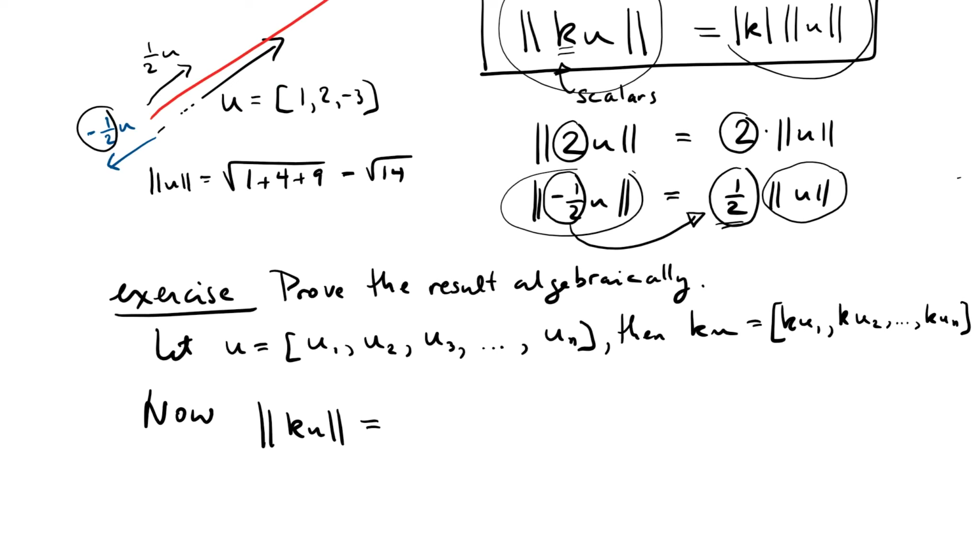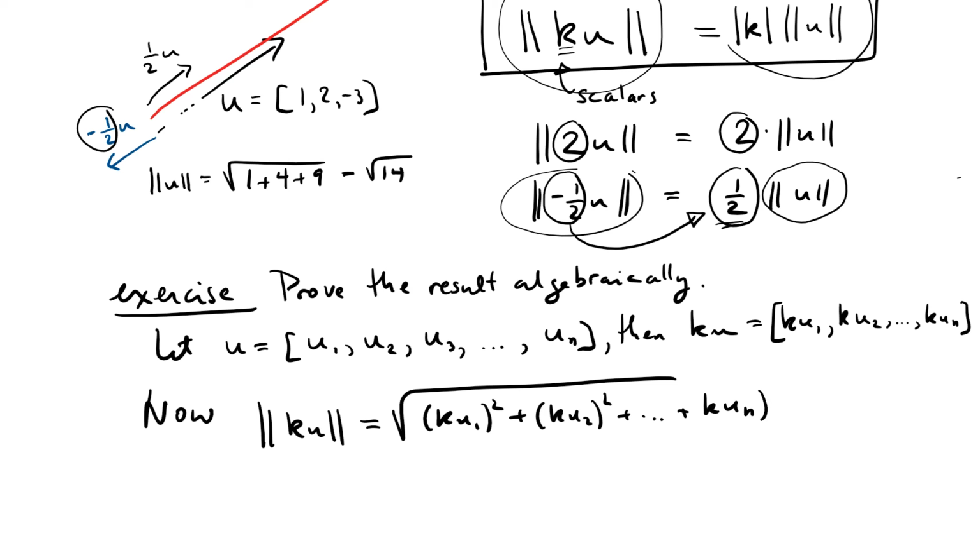So when I calculate the norm, I'm going to do (k u1) squared plus (k u2) squared all the way to (k un) squared. And our goal is to write down equivalent expressions until we get the absolute value of k times the norm of u.